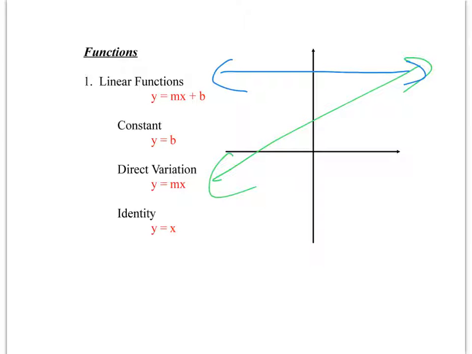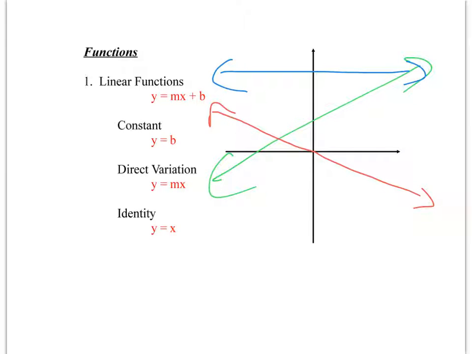A direct variation function is when b is 0, the y-intercept is 0, so it passes through the origin. The equation is y equals mx, and it might look something like this. And then there's a very special function, and we'll talk about the importance of this later.